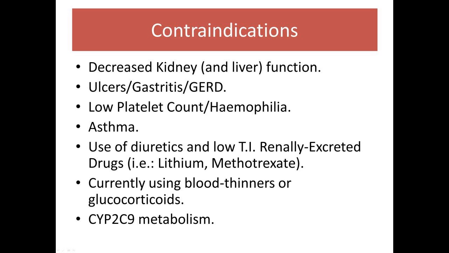Asthmatics may develop respiratory symptoms not only through potential allergic reaction, but also due to the fact that arachidonic acid is diverted through the leukotriene pathway instead, which contains potent bronchoconstrictors. Diuretic drugs and others with low therapeutic indexes which rely on renal excretion will have their dynamics changed by the renal influence of NSAIDs too.